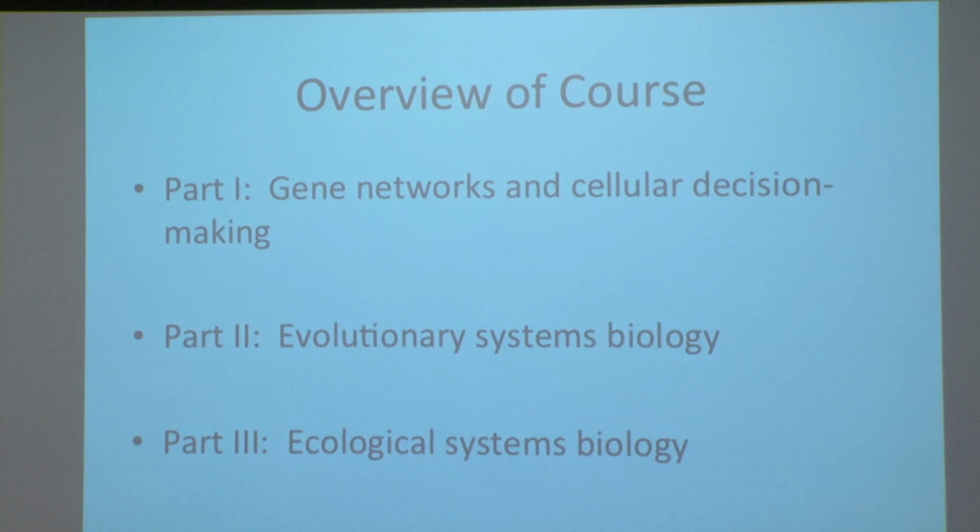So pretty basic there, all the way up to questions in ecology. The last lecture is going to be about the origin of diversity in ecosystems. So we'll basically march from the molecular scale up to the population scale throughout the semester.